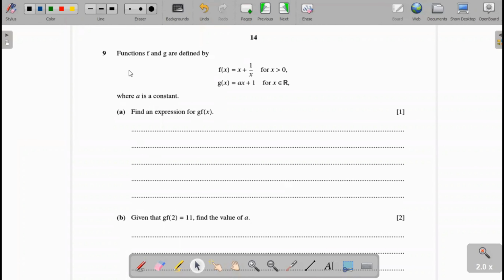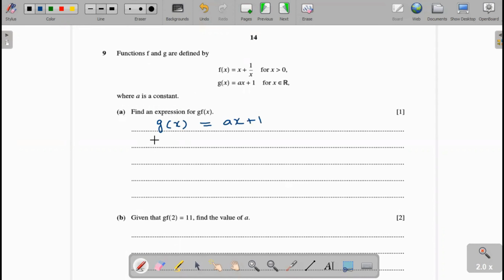Question 9. Functions f and g are defined by f of x equal to x plus 1 over x for x greater than 0, g of x equal to ax plus 1, where a is a constant. Part A, find an expression for g f of x. Now here the function g of x is equal to ax plus 1.